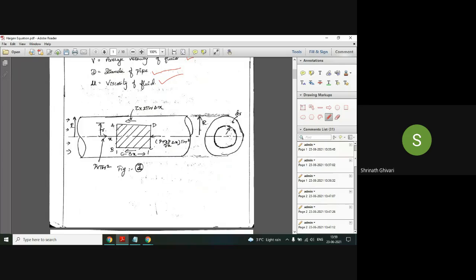See, velocity will be maximum when r is equal to 0. Why? Because if r equal to 0, the fluid is flowing at the center. Therefore, at that point, the velocity will be maximum. Therefore, at that point, wait a second.